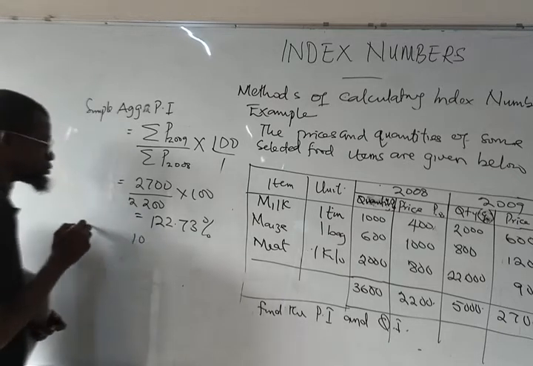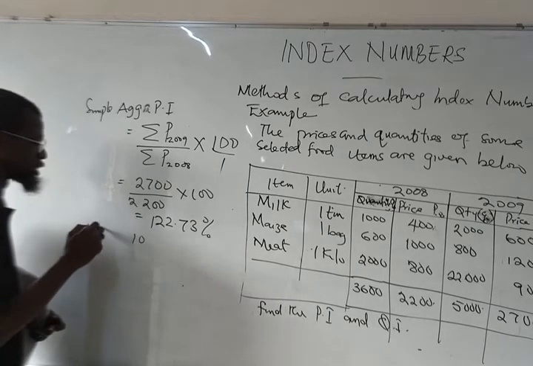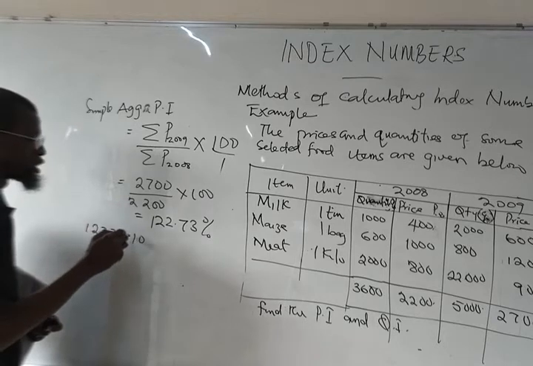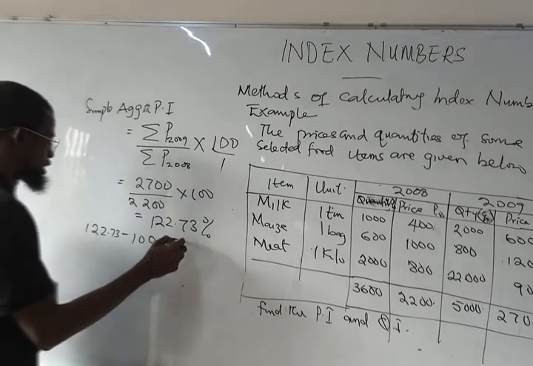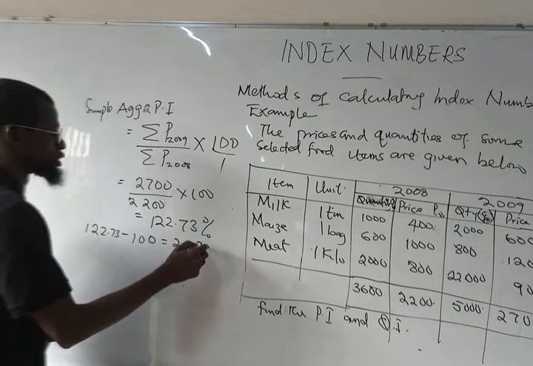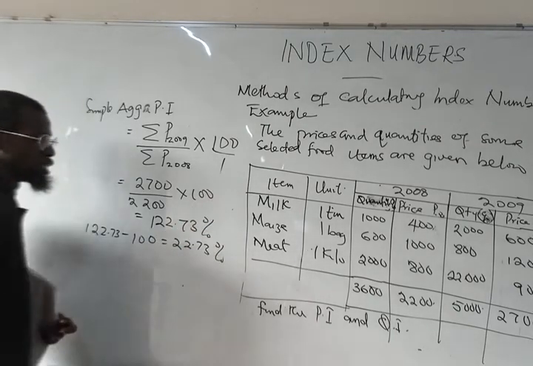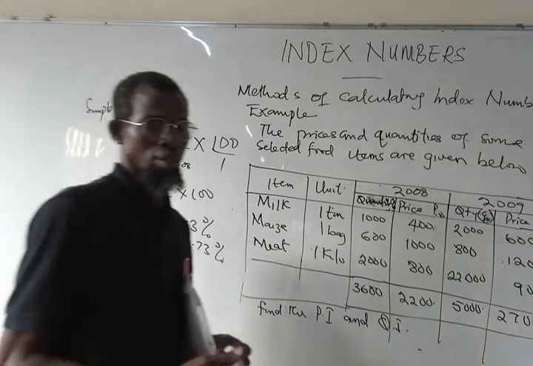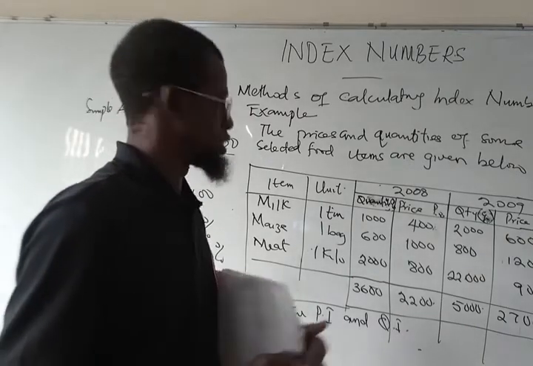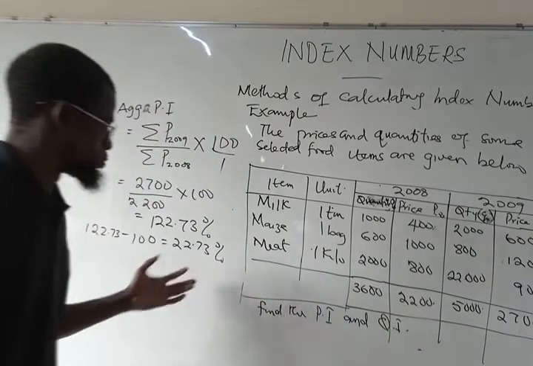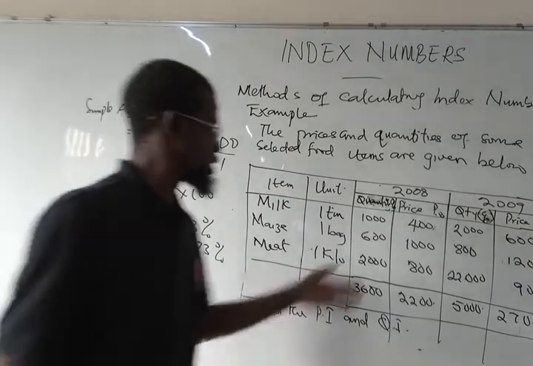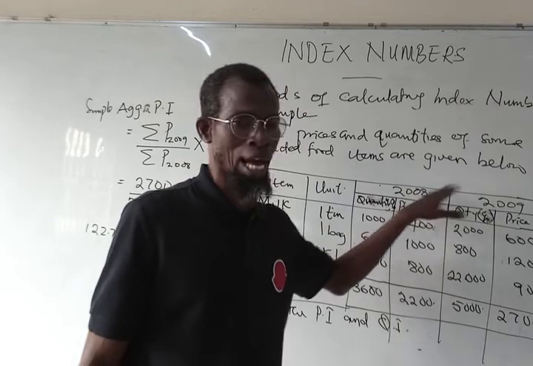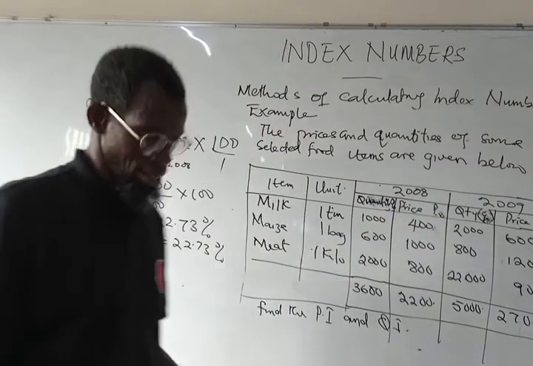If you remove this from 100, you see the increase is 22.73. That is the price index. There is an increase of 22.73 between 2008 and 2009.